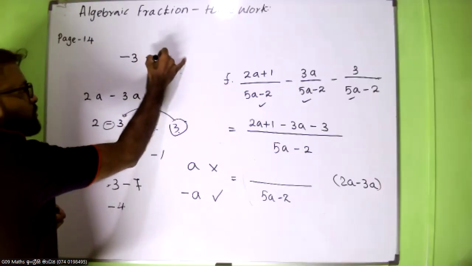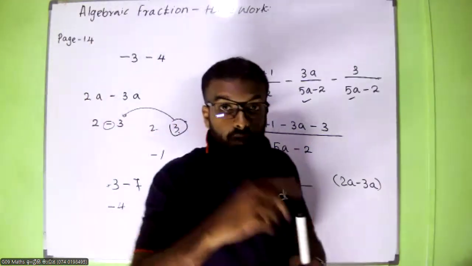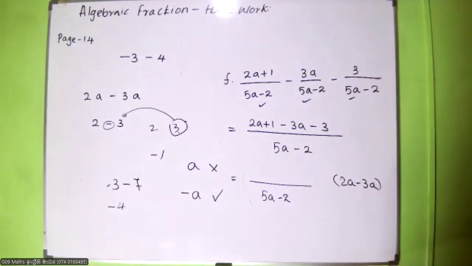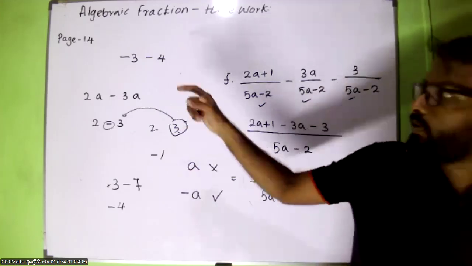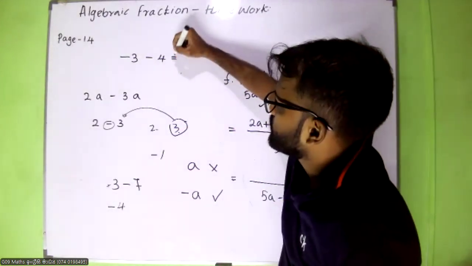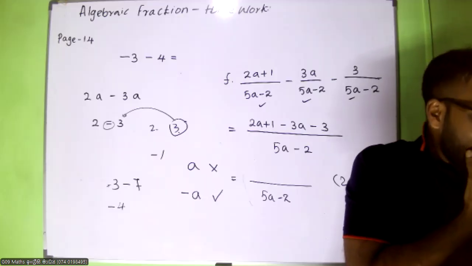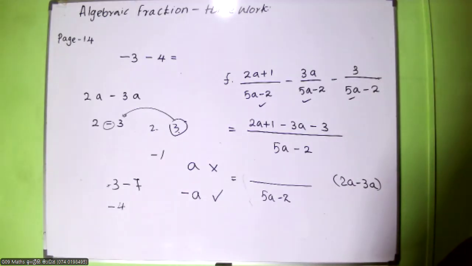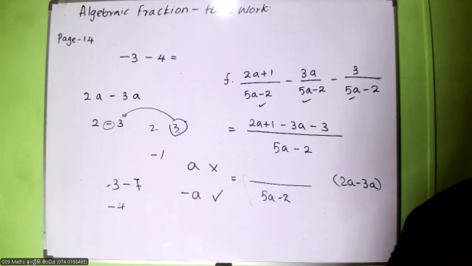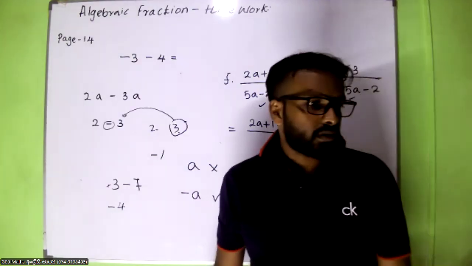So let's do this one. Minus 3 minus 4. What is the answer? Send it into the chat. What is the final answer for this? Minus 3 minus 4. Do it fast. Karan has sent me the answer. This is wrong. What about the others?